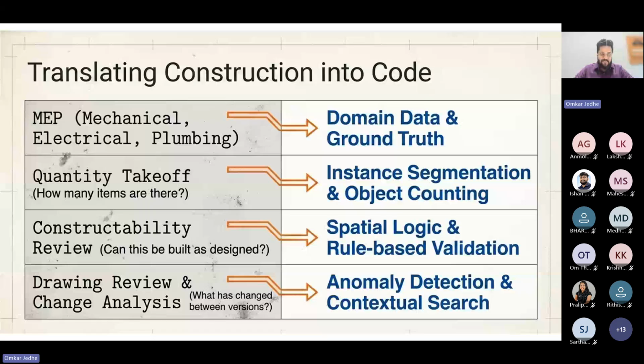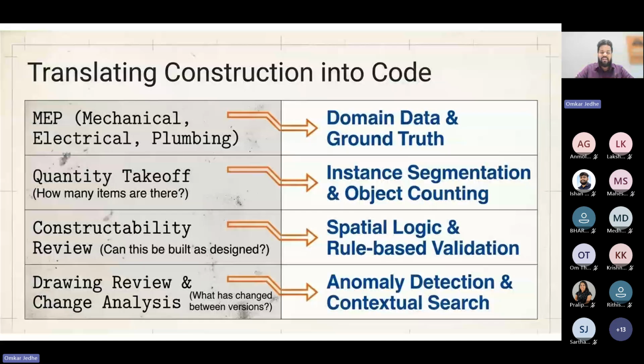So here is your mission, guys. From static pixel to structured insights. We are going to have the mechanical drawings and the plumbing drawings, which feed into the AI model and help us to identify the objects and count them, do the measurements and tracing of the lines, and get that output into a structured data extraction, could be a JSON or a CSV.